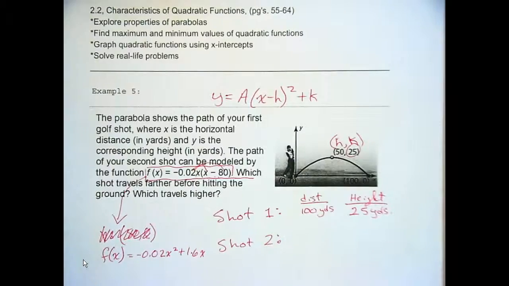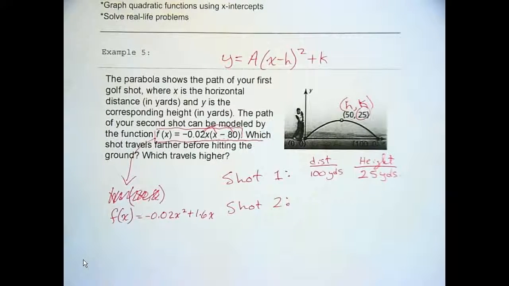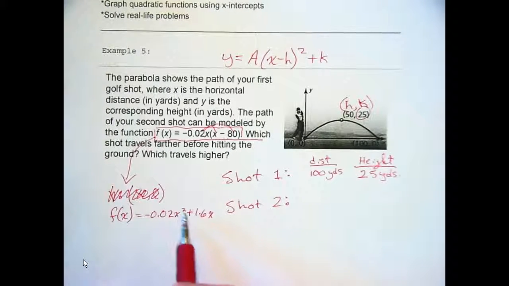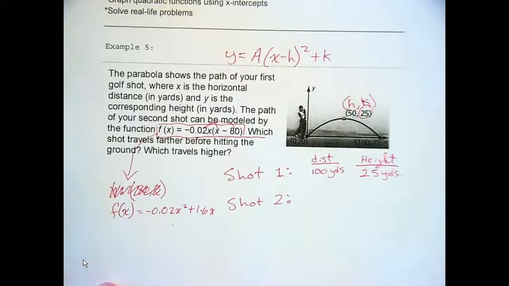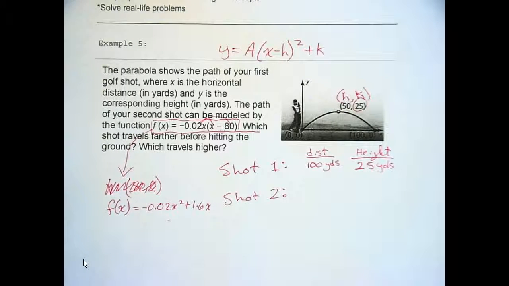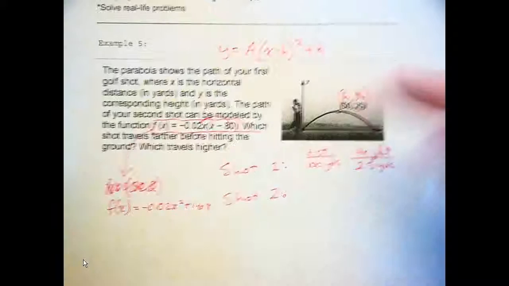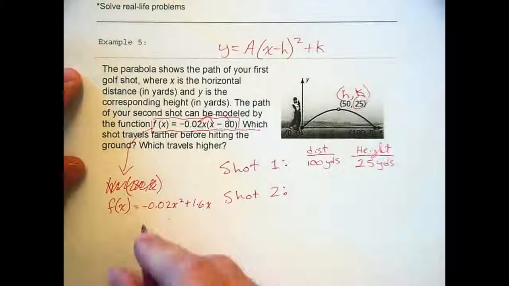All right, now does that help us? I mean, I really still need to find the vertex. Can I do that using this? What do I have to do for that? Okay, everyone talk about it real quick. This is supposed to kind of summarize pretty much what we did yesterday. A lot of it. Let's go ahead and go through it. What do I have to do?